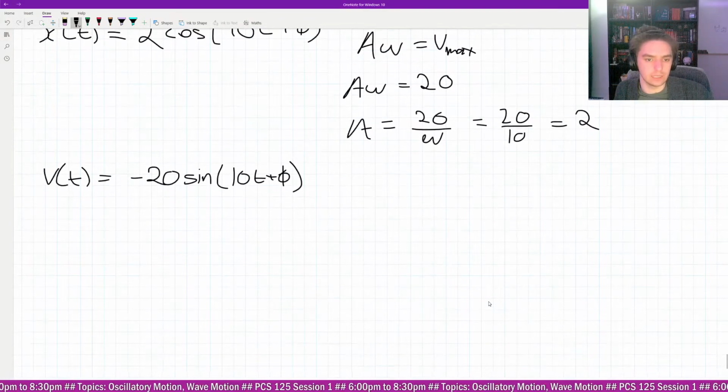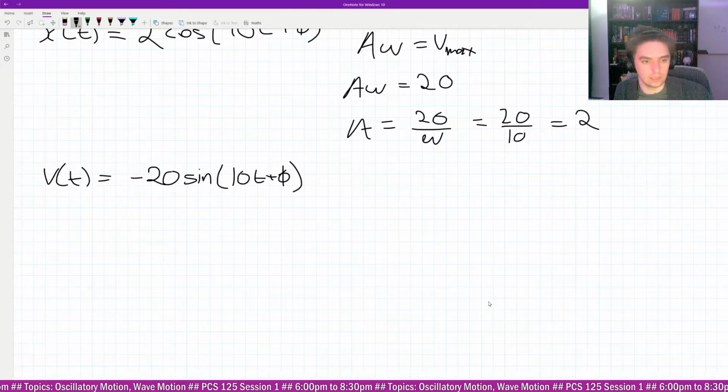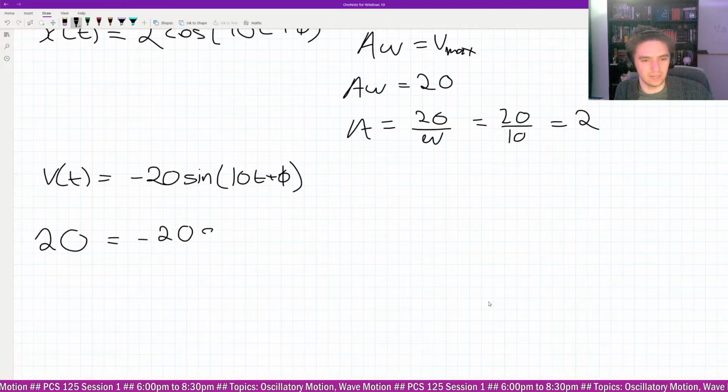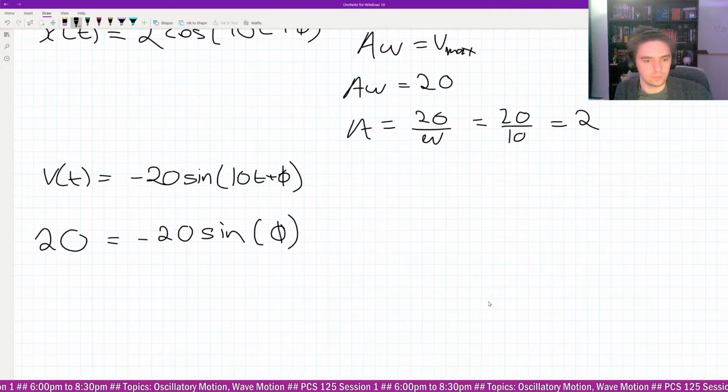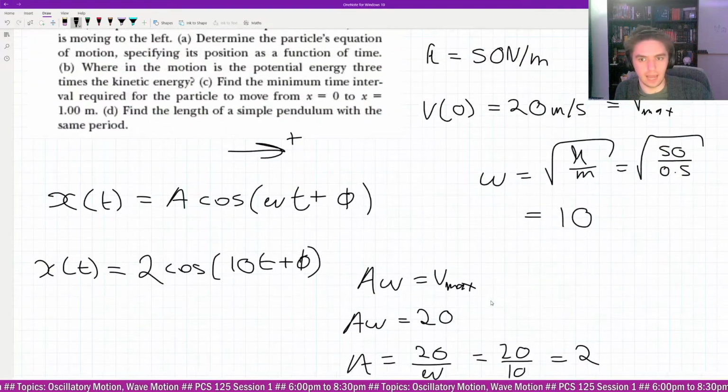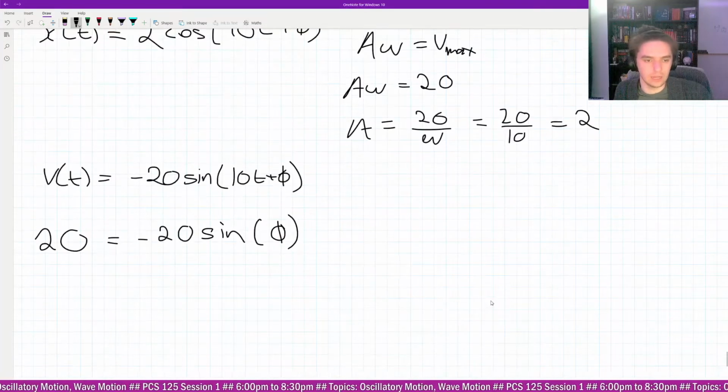And at t equals 0, this is 20. So negative 20 sine phi. We just know that the speed at t equals 0 is 20. So I can just plug that in here and solve for phi.